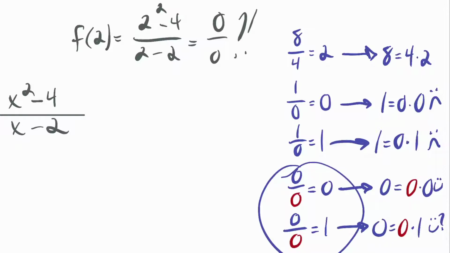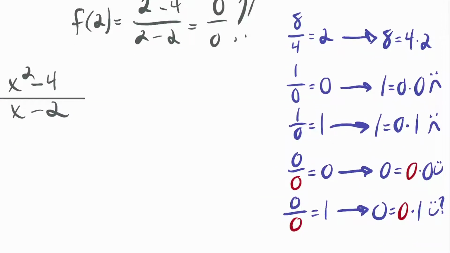There's two different answers? 0 over 0 is two different things? How can that be? Because if these are both true, that means 0 and 1 are the same number. But of course they're not. So this doesn't really make a lot of sense. You might feel like it's starting to break down that this is an appropriate way to do things. But it's actually fine. It's just that when the associated multiplication statement is false all the time, then this is just undefined. 1 divided by 0 is undefined.